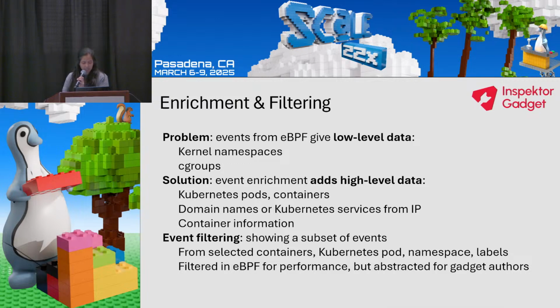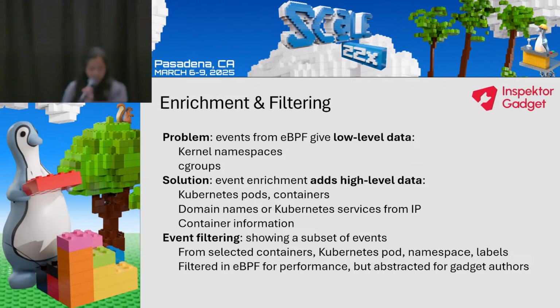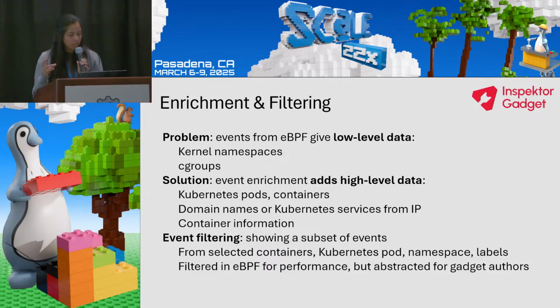I'll just keep moving. When it comes to the enrichment, we really wanted to make it easy for folks to understand the Kubernetes context and the containers context like you just saw. So we're going to demo another gadget where you'll be able to see the enrichment yet again.